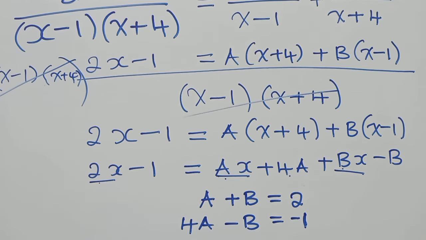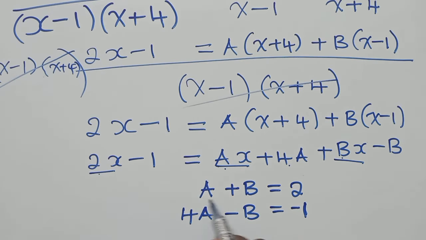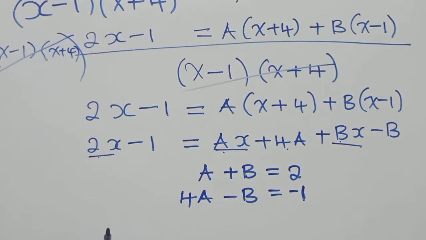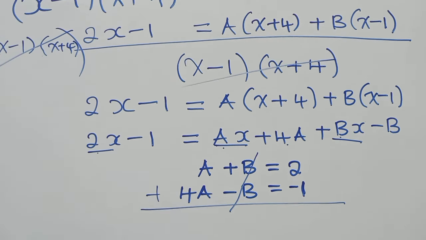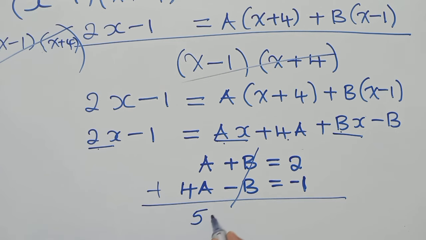So we have these two equations, so we can solve them simultaneously. I guess you know how to solve simultaneous equations. Here, having these different signs, we can add such that this and this will cancel, will remain with 5A.